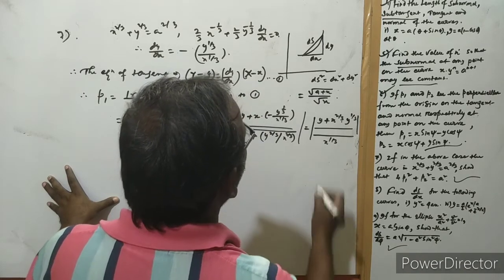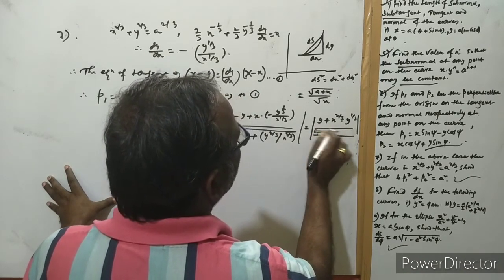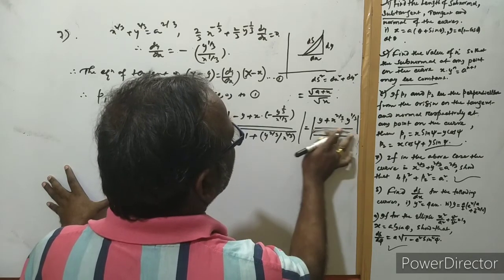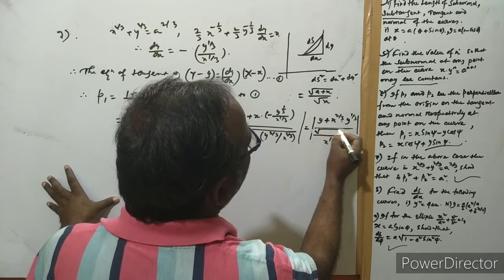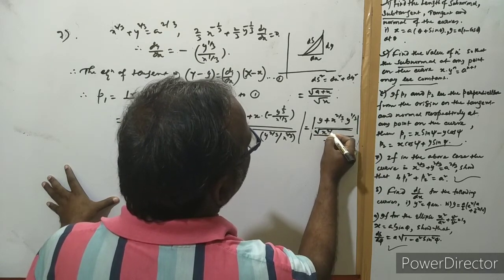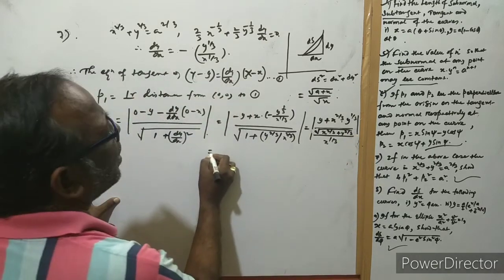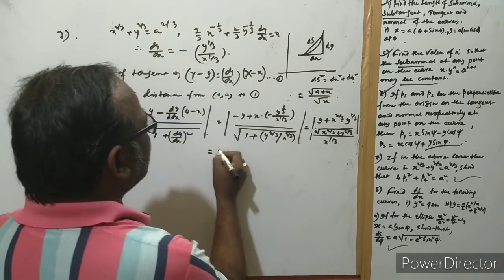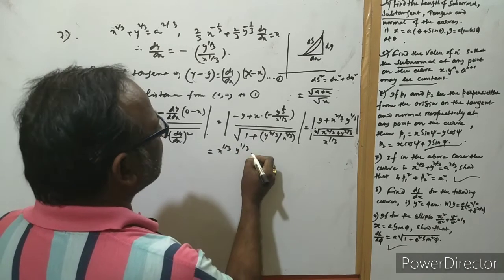So this is x to the power 2/3, y1 to the power 2/3, and take a common x to the power 1/3 and y to the power 1/3.